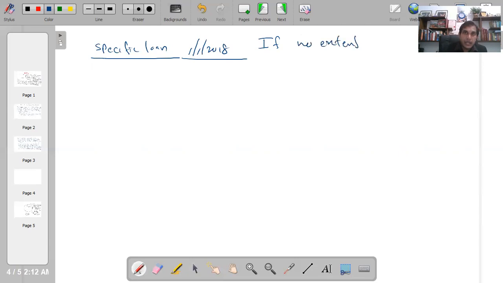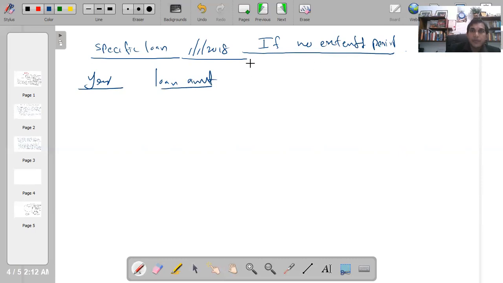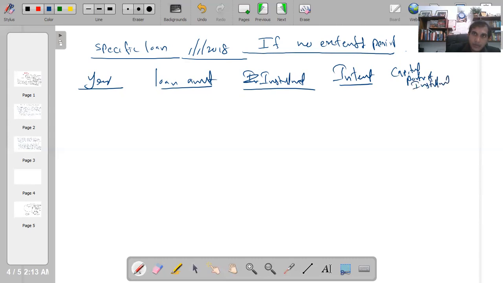No extended period, right? Year, loan amount, interest, or else here you can write installment, interest, then capital portion of installment, then closing capital.